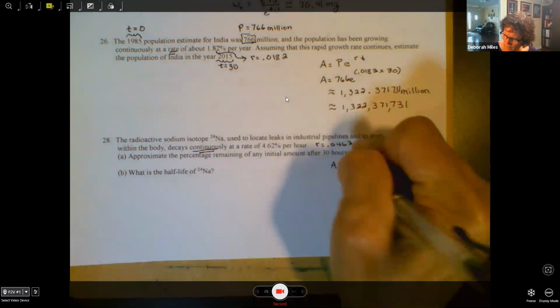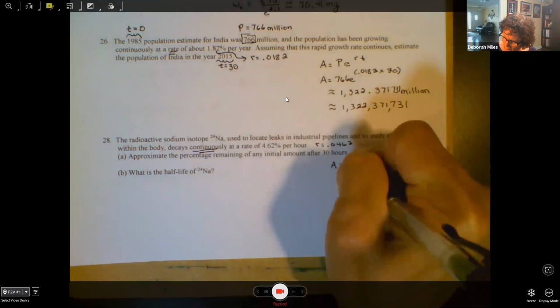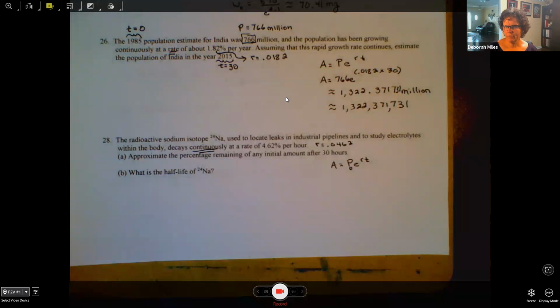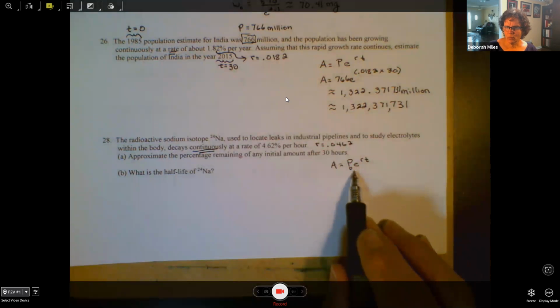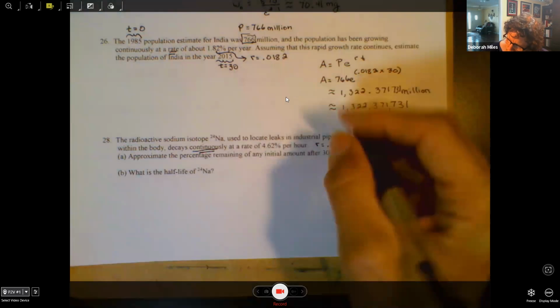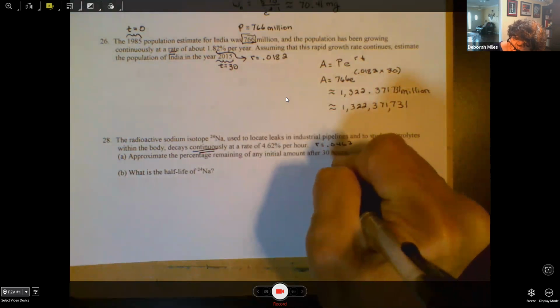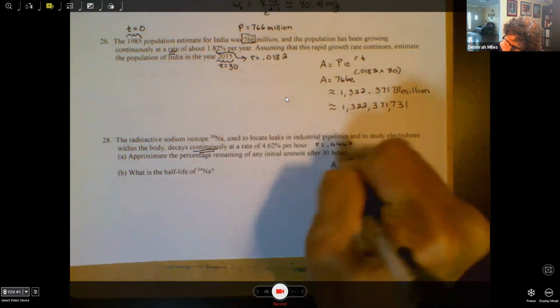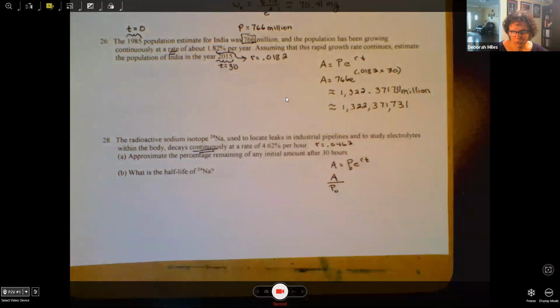I'm going to call this original amount P sub 0 to keep track of it. If you want to know what percent of the original is left after 30 hours, that percent is the new amount as compared to the original.